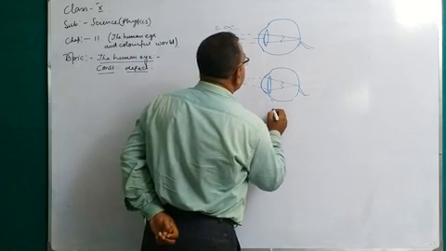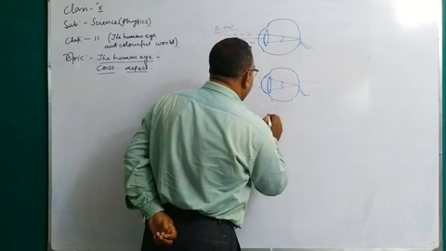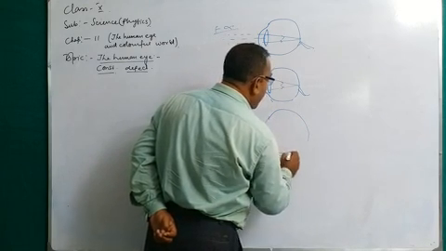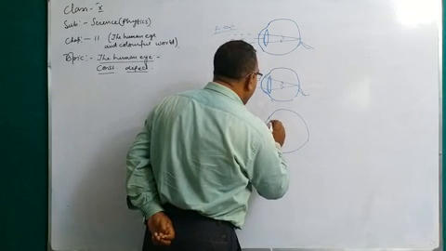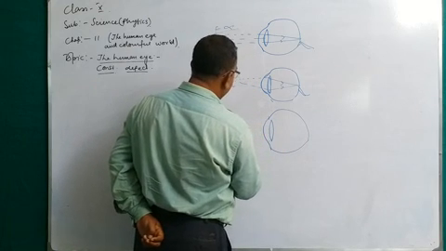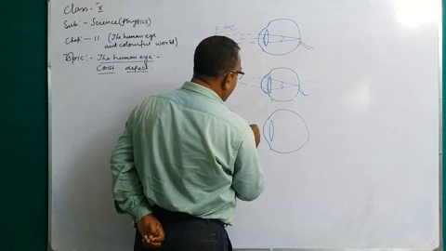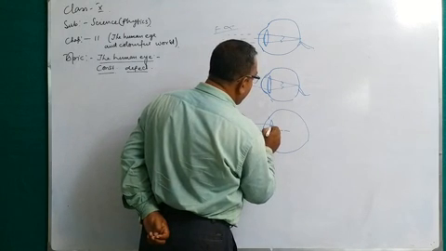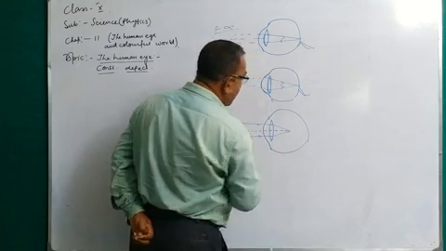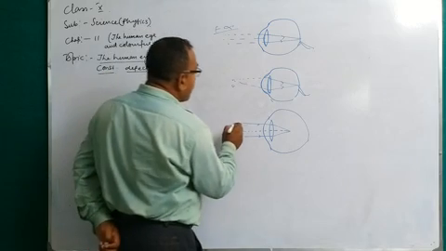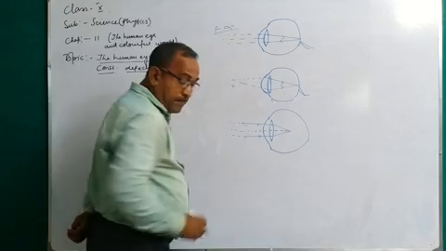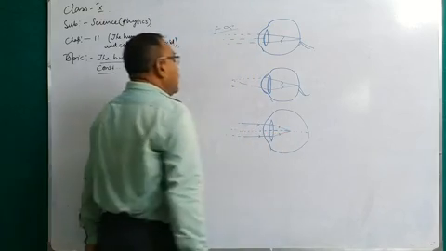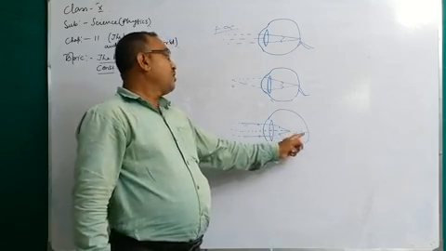Next, where will the image fall? Yes, the image will fall before the retina. So you cannot see it clearly.